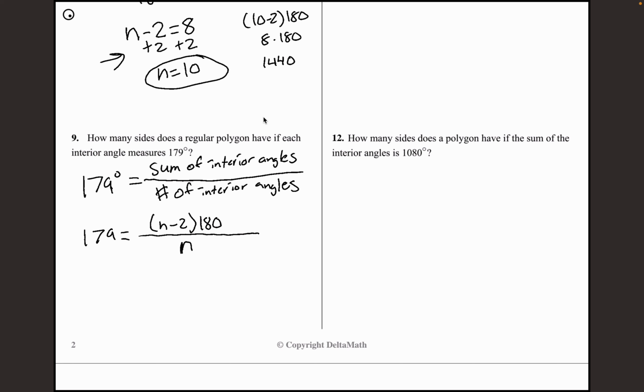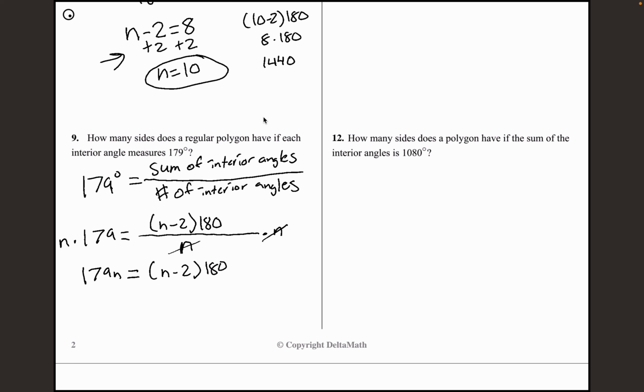How do I get rid of the n on the bottom? Yeah, I need to multiply both sides times n. So over here I have 179 n equals, what happens on the right side? The n's cancel out. So that leaves me with n minus 2 times 180.